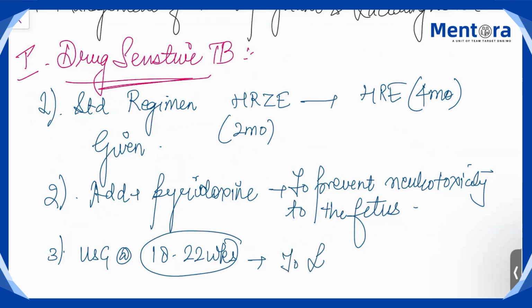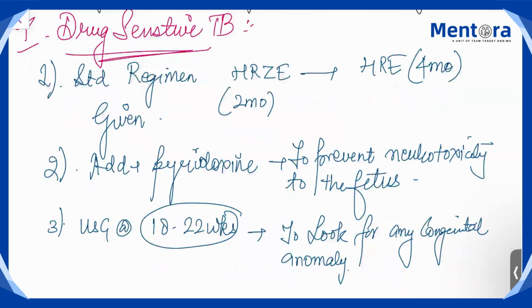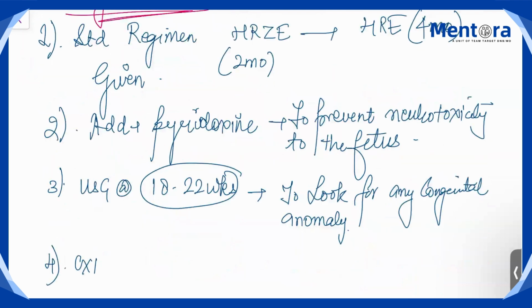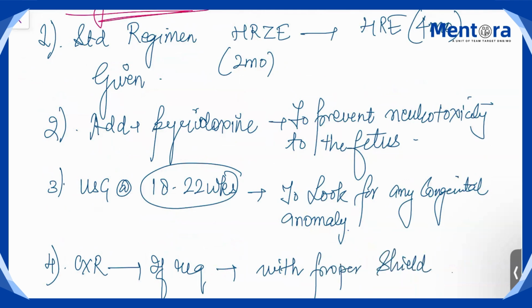To look for any congenital anomaly. If a chest x-ray is at all required, do it with proper shielding, so proper shield and lead apron. The x-ray needs to be done.